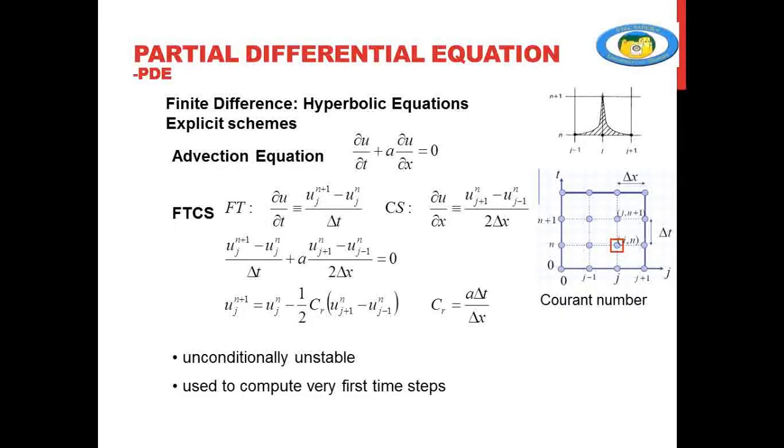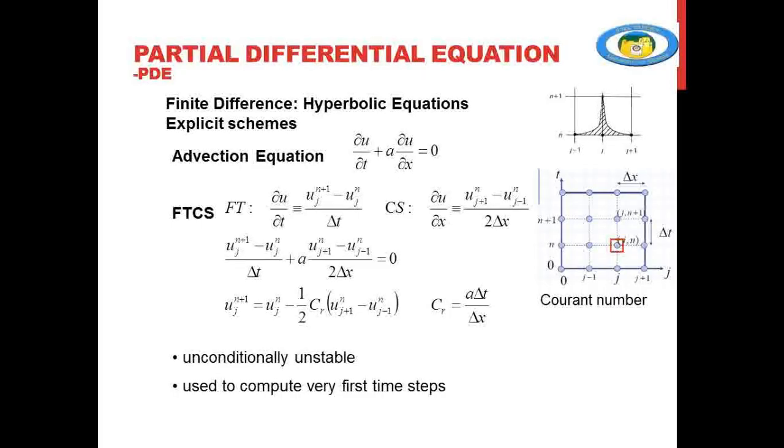It's going to be u of the j's spatial scale and n plus 1 temporal scale is equal to u j at n temporal scale minus half of Courant number times u j plus 1 spatial scale at n temporal scale minus u j minus 1 n. When Courant number is equal to 1, then that would read like u j n minus u j plus 1 n minus u j minus 1 n over 2, obviously.